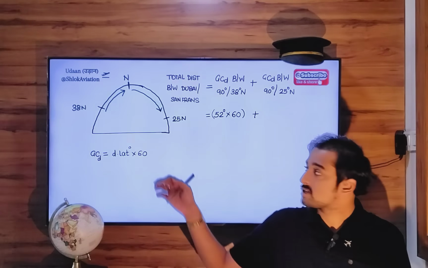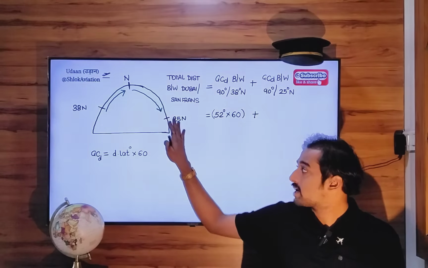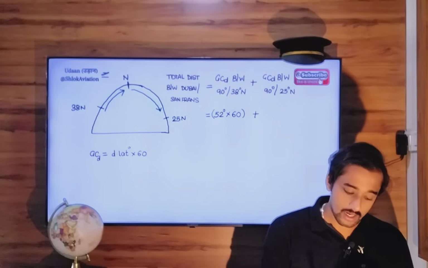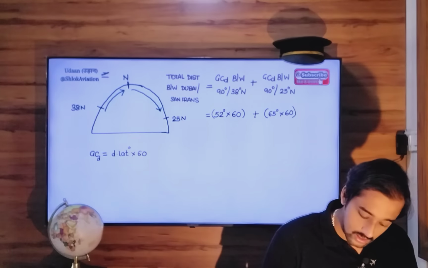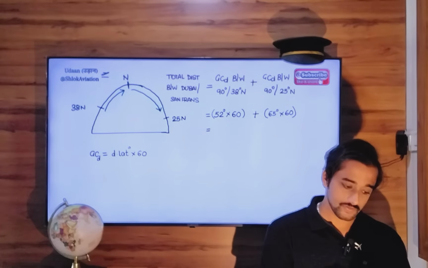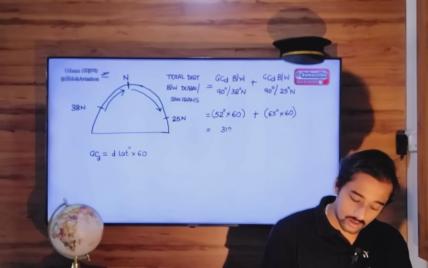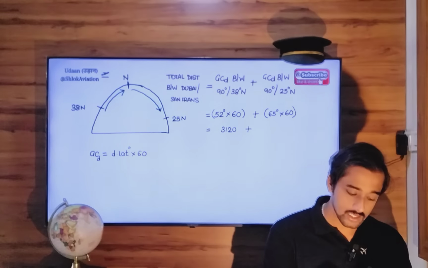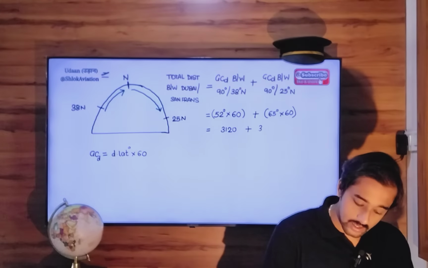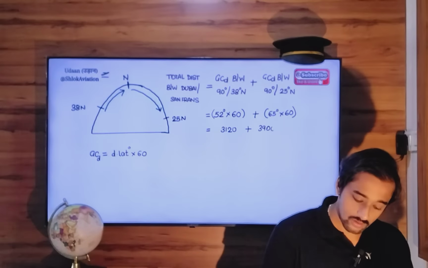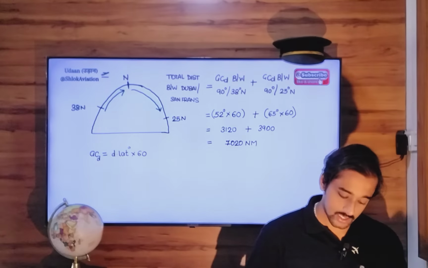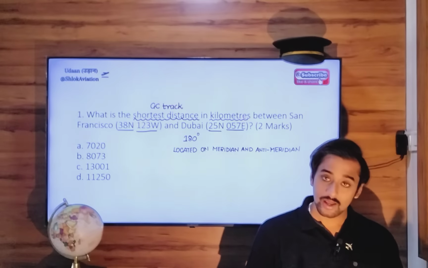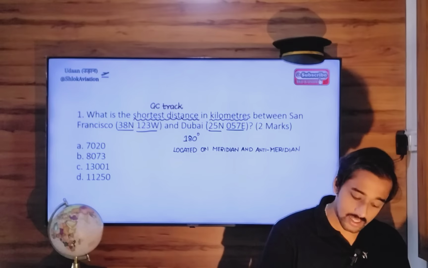Similarly, the difference in latitudes between 90 degrees north and 25 degrees north is 90 minus 25, which is 65, so 65 degrees into 60. 52 into 60 is 3120. 65 into 60 is 3900. 3900 plus 3120 is equal to 7020 nautical miles.